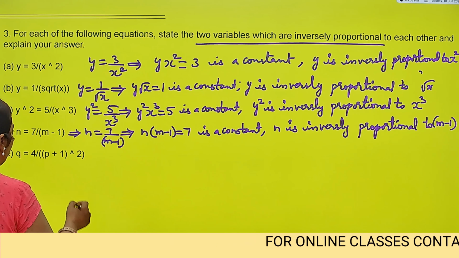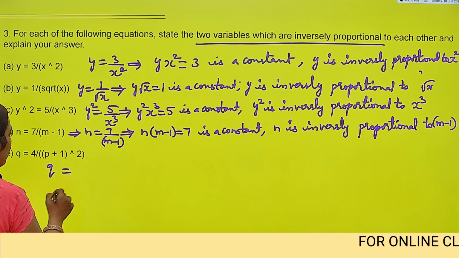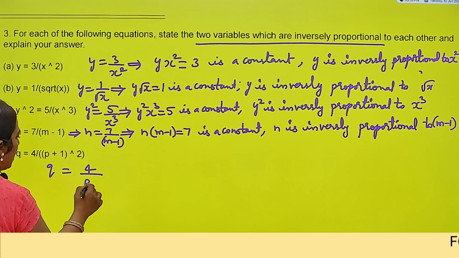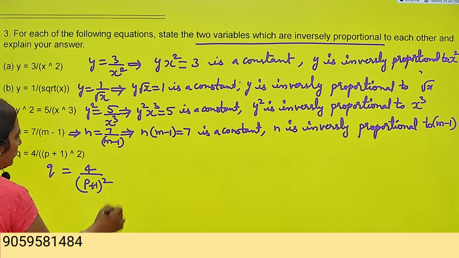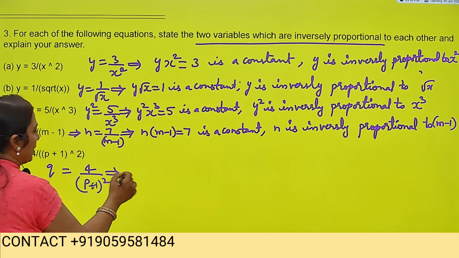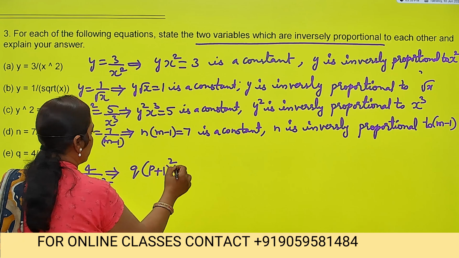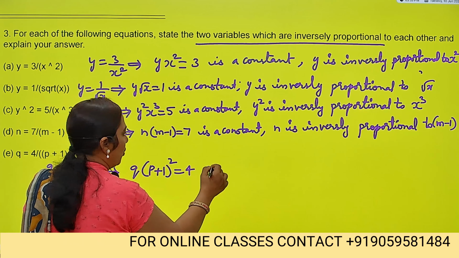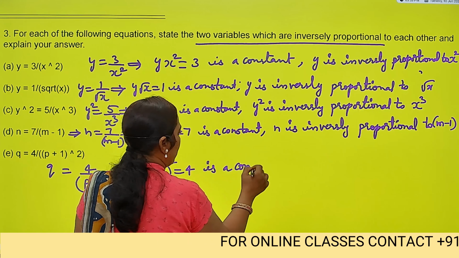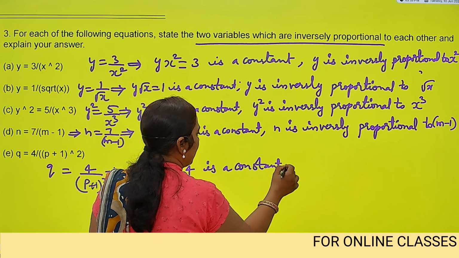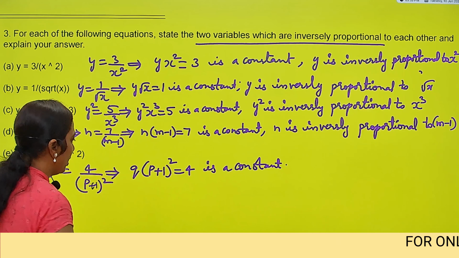Next, E, here Q equals 4 over P plus 1 whole square. From this, cross multiply: Q into P plus 1 whole square equals 4. 4 is a constant. So what is the explanation of inversely proportional?